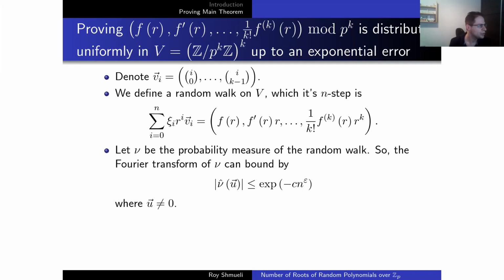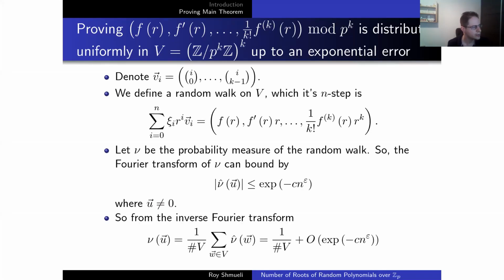And what we can show in this random walk is that if I have nu as the probability measure of the random walk, the Fourier transform on V is bounded by exponent of minus c n, in any epsilon actually, for all vectors that are non-zero.